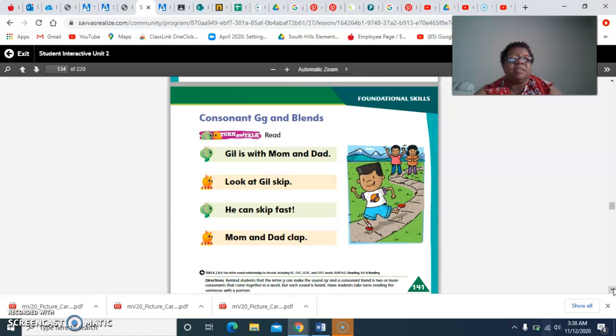Here are some sentences to practice. Try to sound out the words. Some of them are high frequency words, so if you've already learned the high frequency words, some of the words will be here in the sentence. Pay attention to the punctuation. We have an exclamation point. Notice that the first letter is a capital letter.